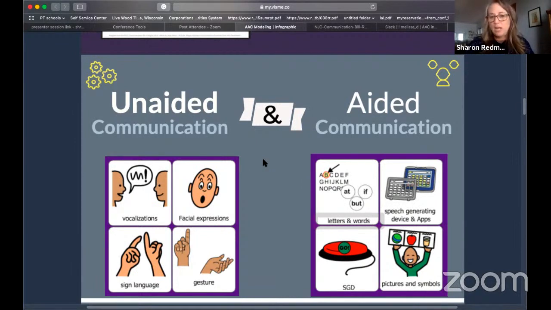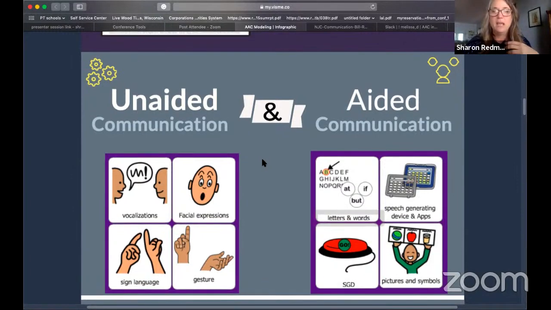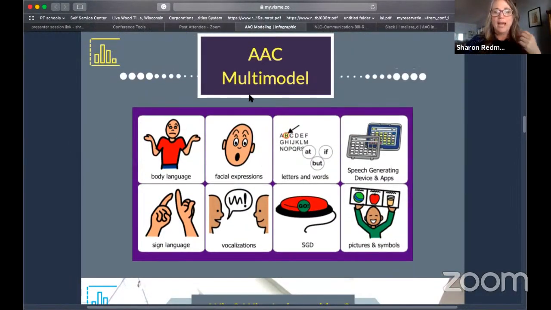So aided communication are things like those letters, words, speech generating devices, single switches, pictures, symbols that are low tech. All of that is aided communication. And what we're going to go and look at now is this AAC, this multimodality, where we use all modes of communicating within AAC.